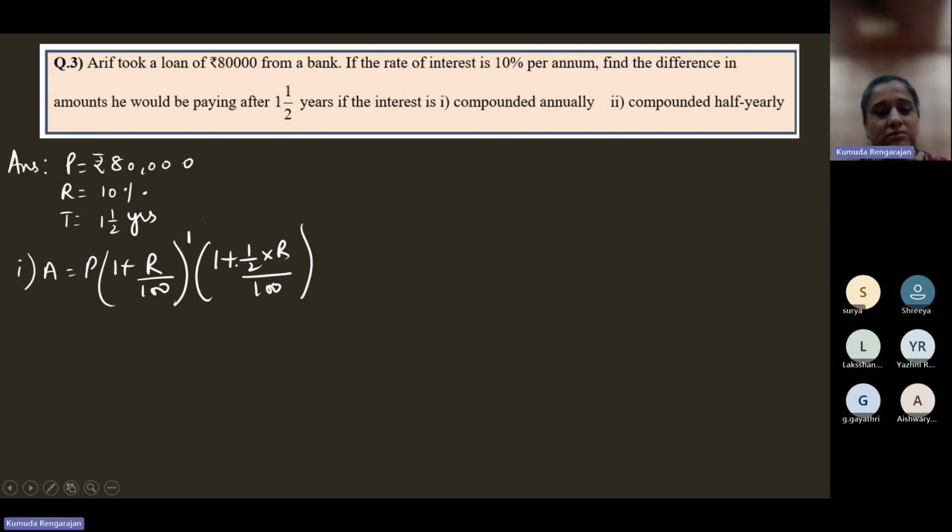Please tell me if I'm clear. For 1.5, take 1 here as the power, and in the second bracket, 1 plus R by 100 again, but multiply R with the fraction 1 by 2.